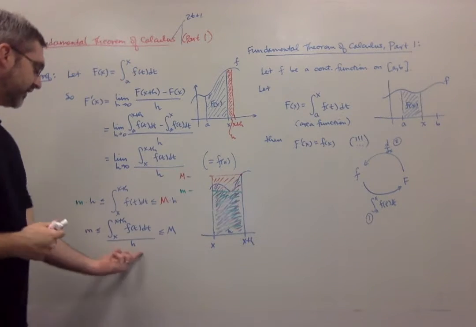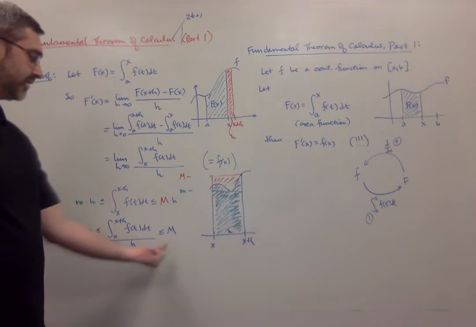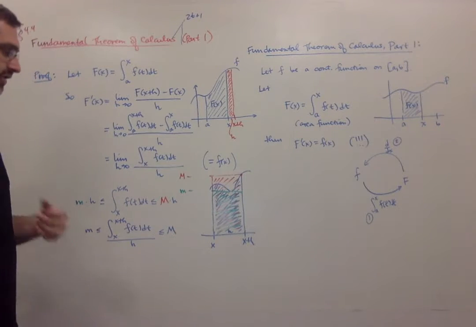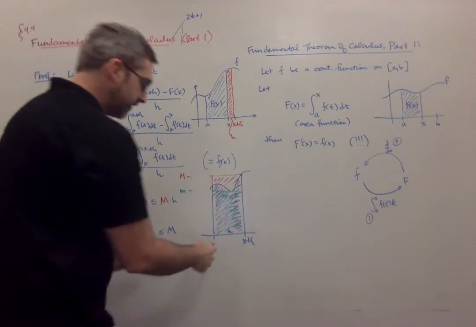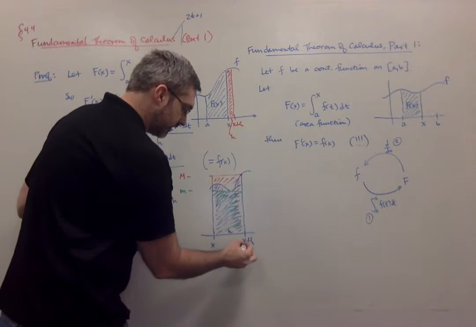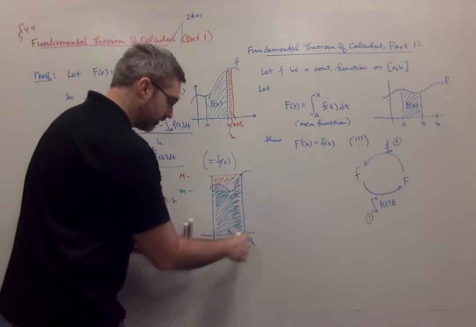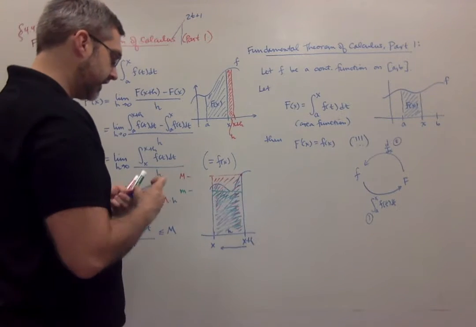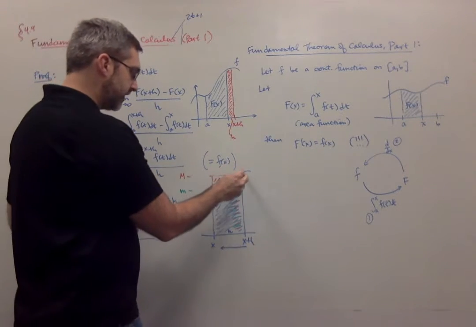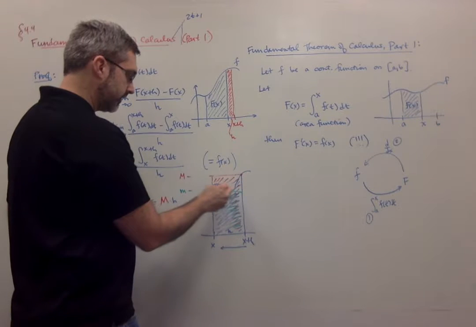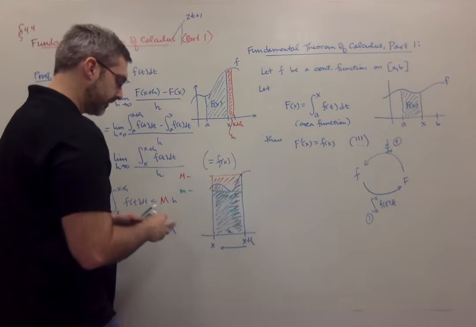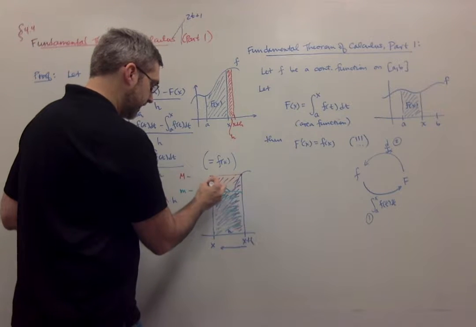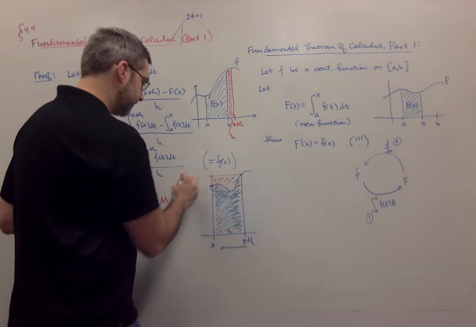I want the limit of this thing, so let's see what happens to this thing and this thing when h goes to 0. When h goes to 0, we're squeezing this rectangle in. When we squeeze that rectangle in, the highest point eventually squeezes over to this height right here, which is f of x.